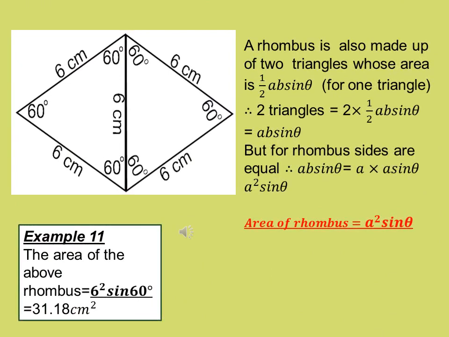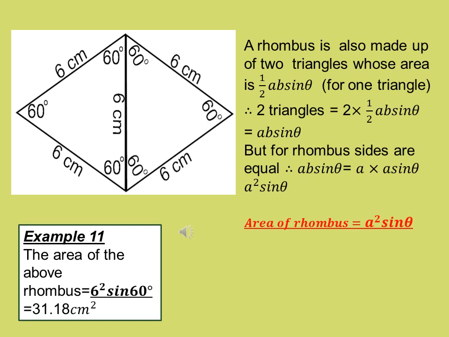We can also use the area of a triangle in trigonometry to find the area of a rhombus, just like in the parallelogram. Remember, the rhombus is made up of 2 triangles which are congruent, and the area of one triangle is a half AB sine theta, and therefore if we know one side, because we know the sides of a rhombus are equal, for example, in the example here, if one side is 6, the other side will be 6 for a rhombus.